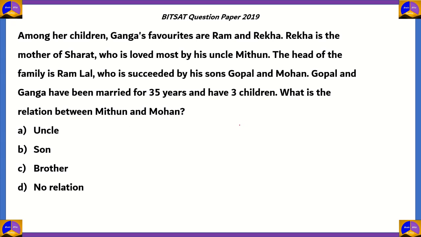So, how do we solve this question? The best way to solve this question is to use the information in the question to draw a family tree. So, with what information should we start this family tree? The second sentence says that the head of the family is Ramlal and his sons are Gopal and Mohan.